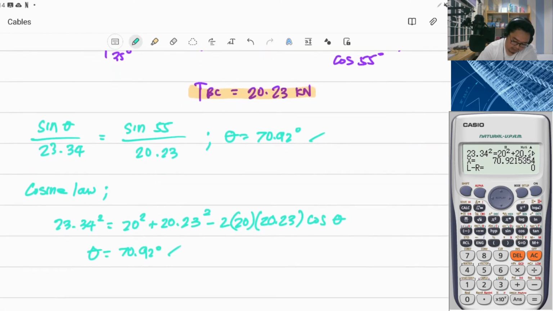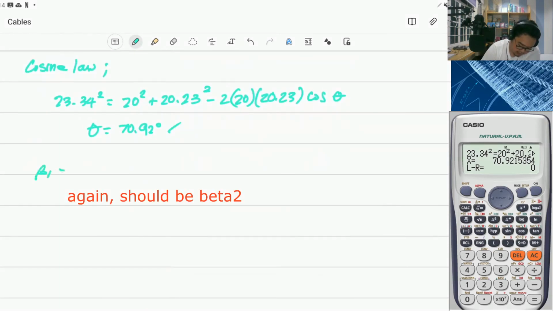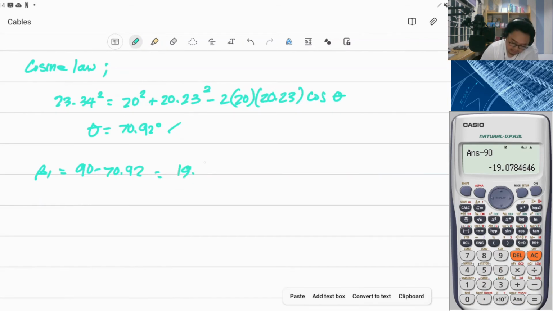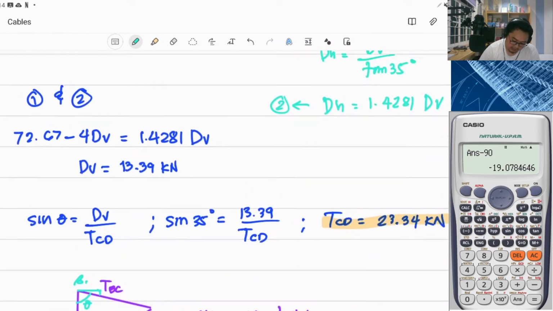We can solve for beta 1. Beta 1 is equals to 90 minus 70.92, which is equals to 19.08 degrees. Okay, let's copy the figure.